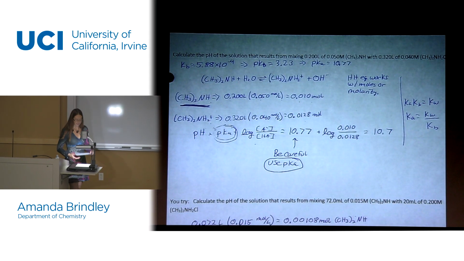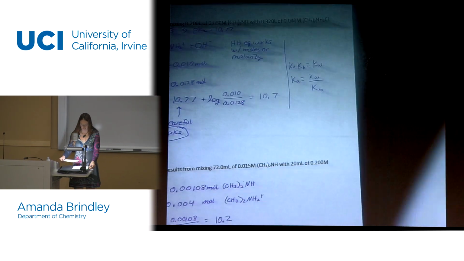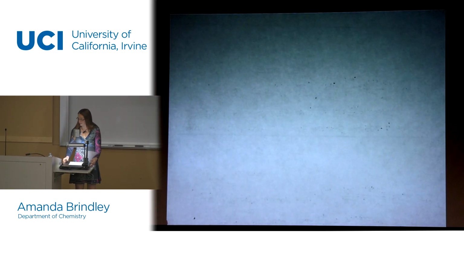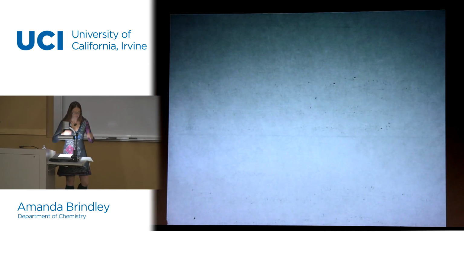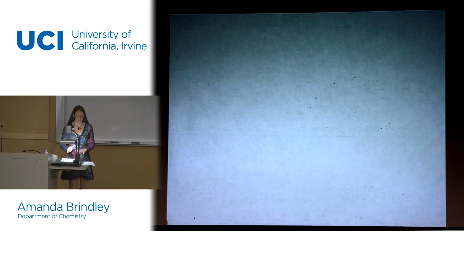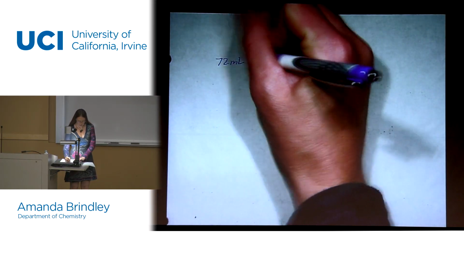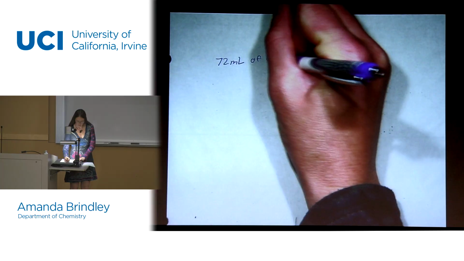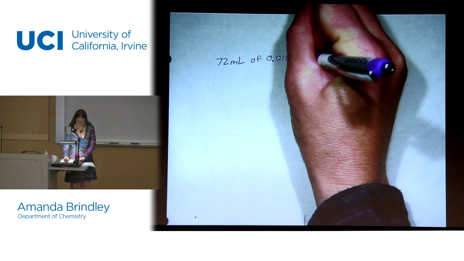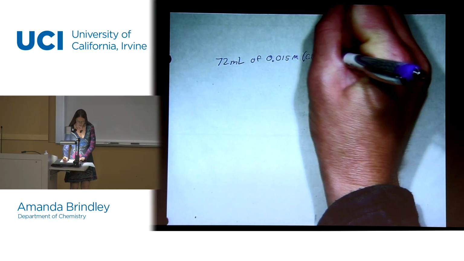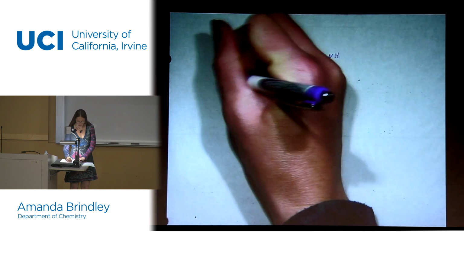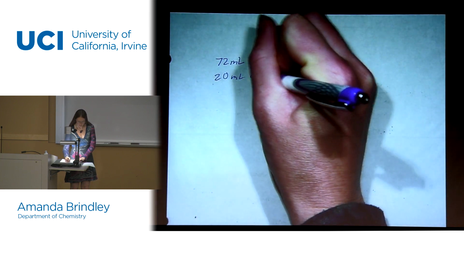I seem to have lost that after last time, so we'll rewrite the question. It's all right. Okay, so we're doing almost the exact same thing, right? Here, we have 72 mils of one and 20 mils of the other.